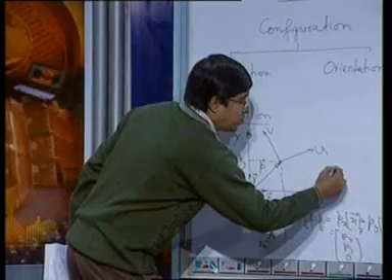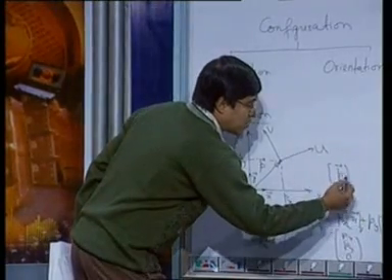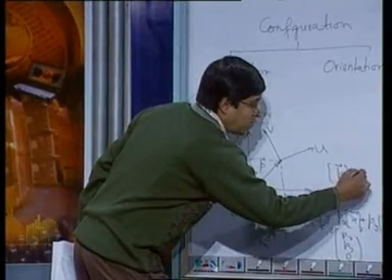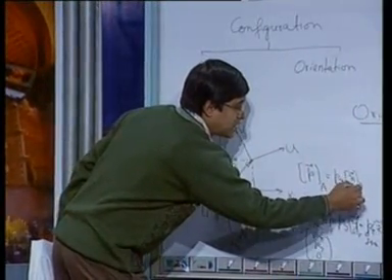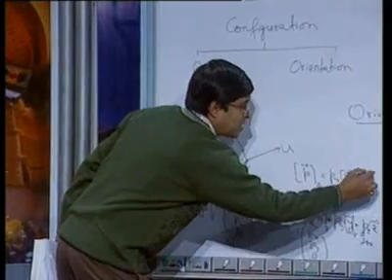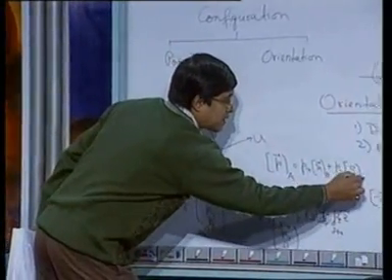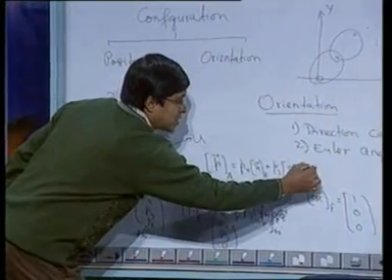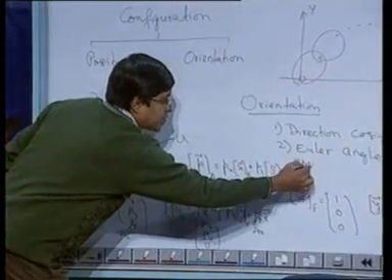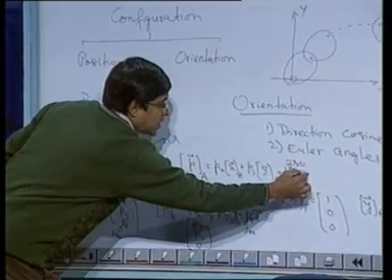Say if it were some other coordinate frame A, then you would write P x times x in A plus P y times y in A plus P z times z in A, of course P z we are taking as 0.